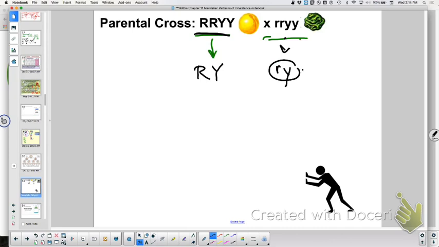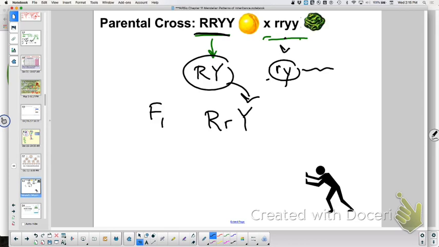How many options here? Okay. So if this is sperm and it fertilizes this egg, this is the parent, the F1's genotype. What will the F1's genotype be? Not phenotype, genotype. Big R what? Homologous pairs, people. Big R, little r.